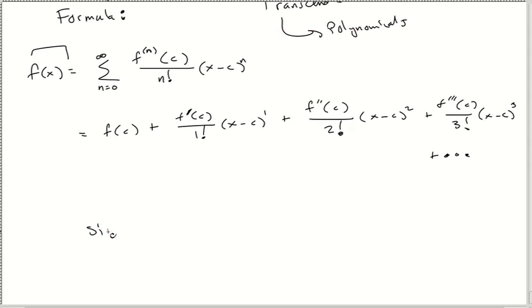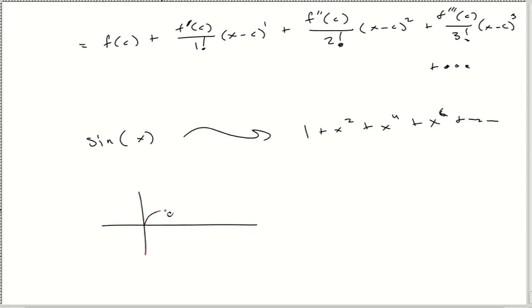Imagine for a second that we had sine x, and somehow we can rewrite that as, I'm just making something up here, 1 plus x squared plus x to the 4th plus x to the 6th plus and so on. And so the sine wave looks like this.